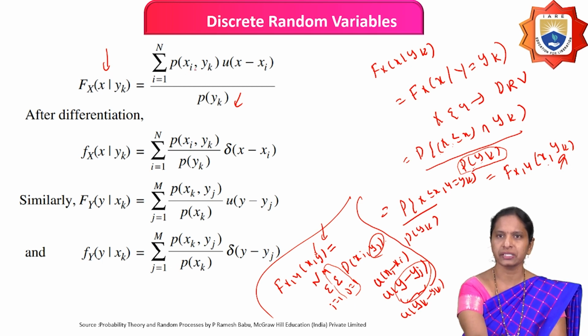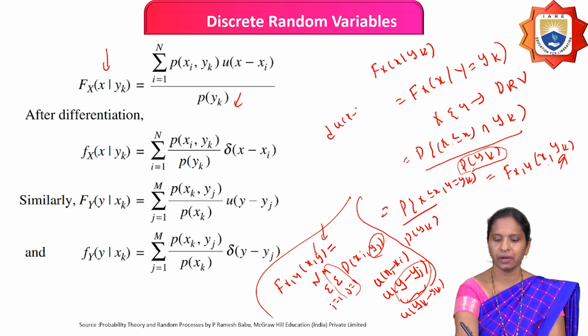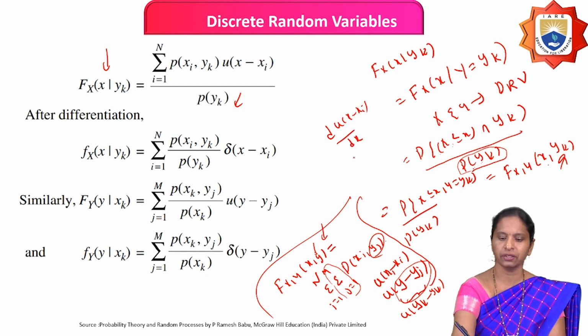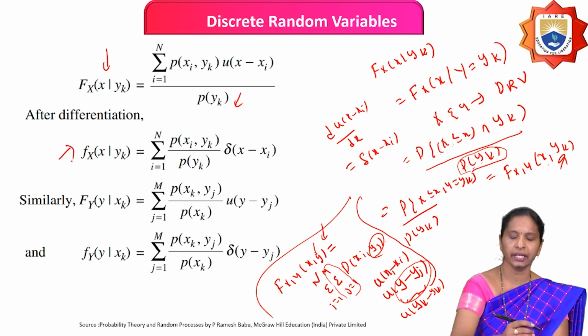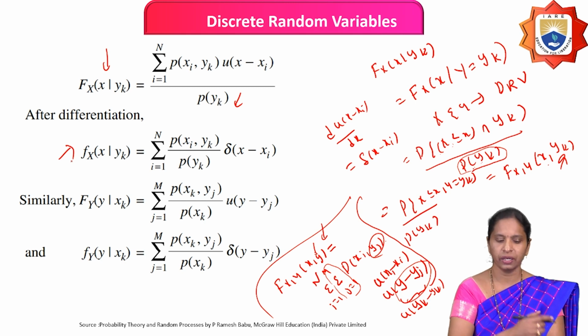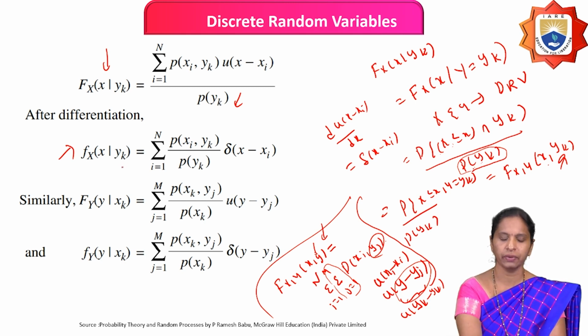P of xi comma yk is a probability, and you differentiate with respect to x. Then what is the differentiation of u of x minus xi with respect to x? That gives the impulse function delta of x minus xi. This is the conditional density function of the random variable x, given the conditioning event y equals yk.